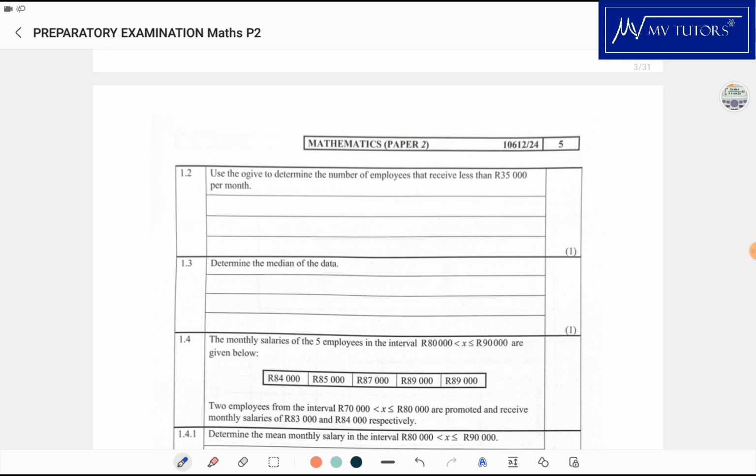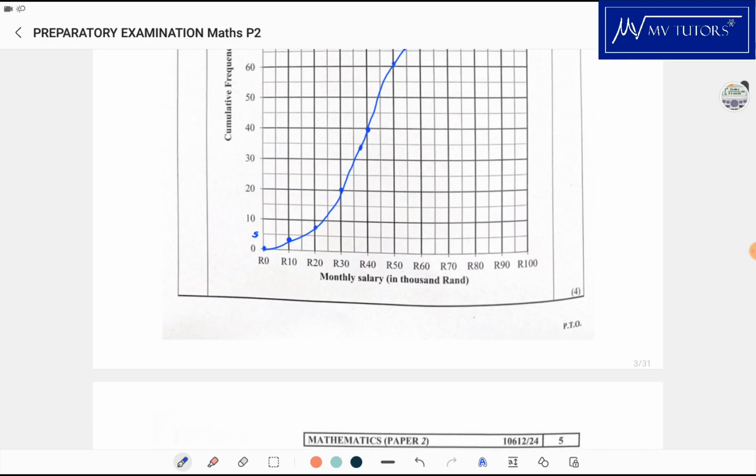Then 1.2 says use the ogive to determine the number of employees that receive less than 35,000 rand per month. So 35,000, we are there. It's sort of like close to 30.